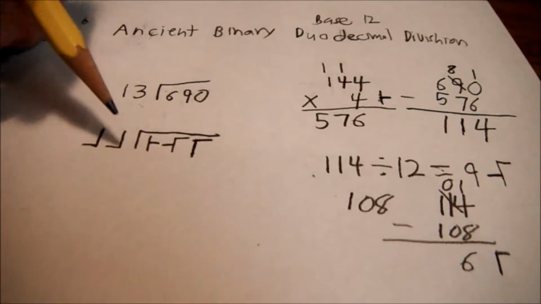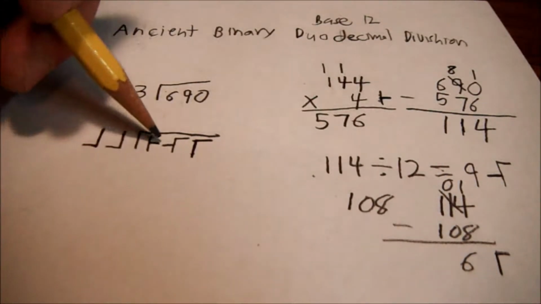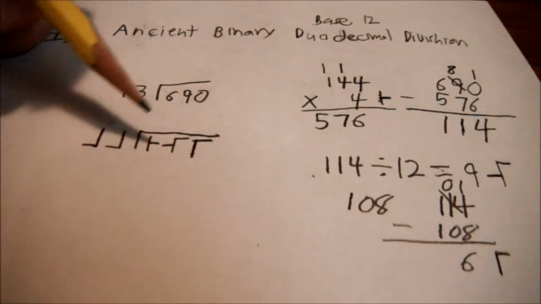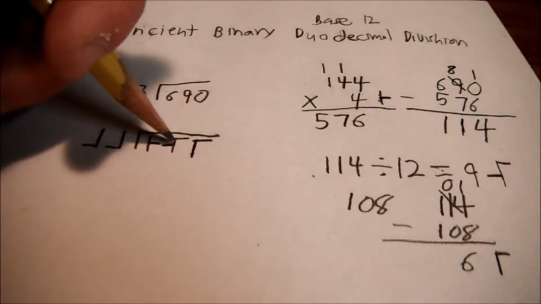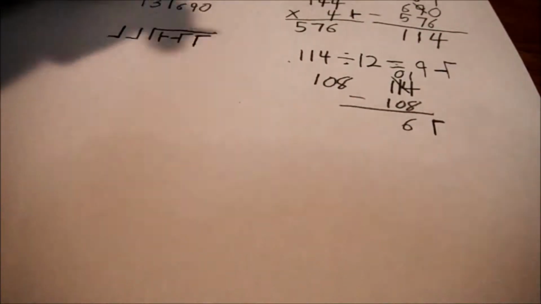The next thing we need to do is think of how many 13s go into 4. 0. So basically we move on to the next placeholder, which is 9. And now we need to think of this placeholder as the 12's place and this as the 9's place. So we're going to move down now.